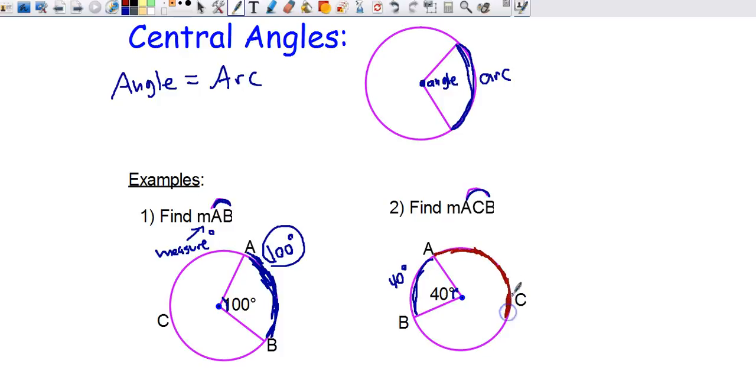Go through point C and go all the way around until you hit point B. So it's the other part of the circle. If the whole thing is 360 and this part is 40, the answer is 360 minus 40, which is 320.